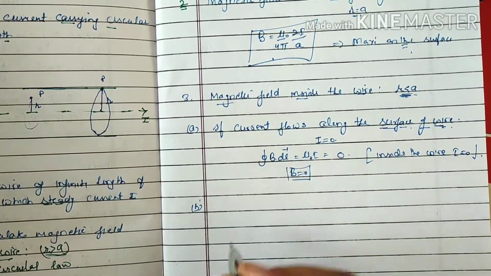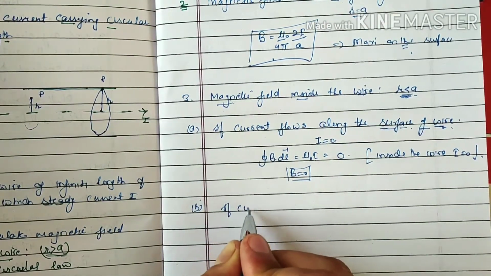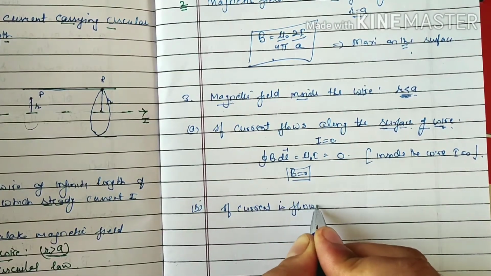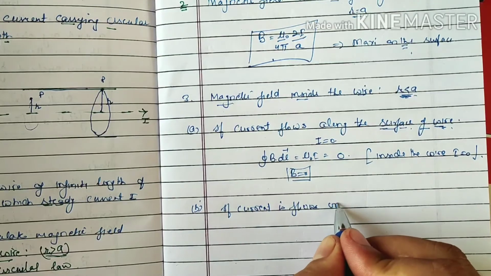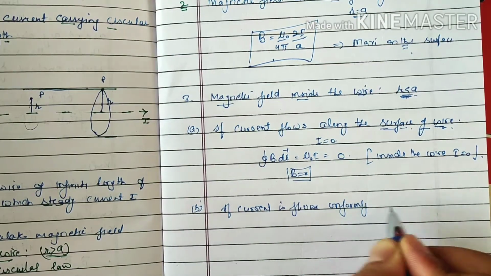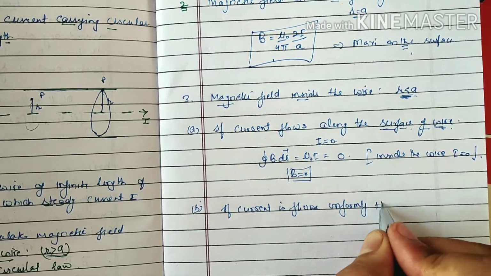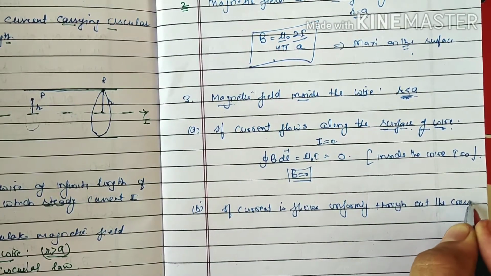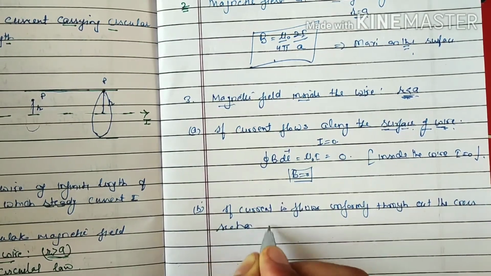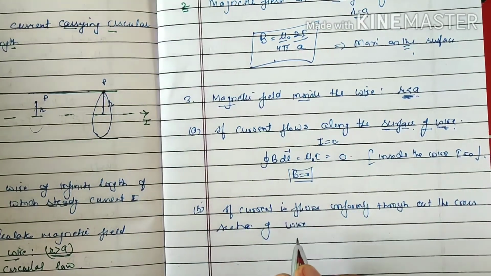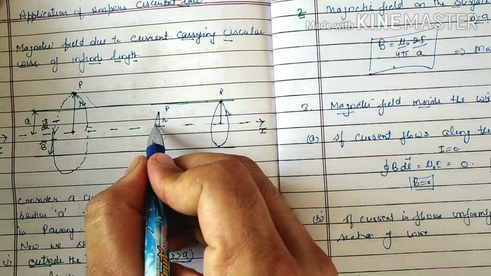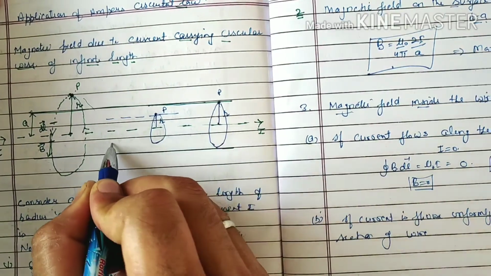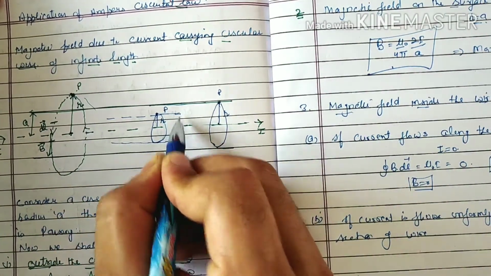And if we take the second sub case, if current flows uniformly throughout the cross section of the wire, that means that throughout this cross-sectional area of the wire there is current flowing.